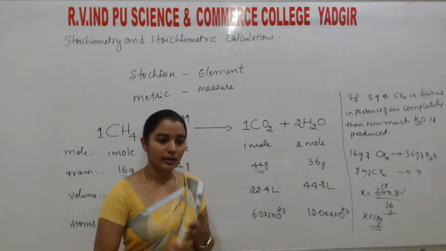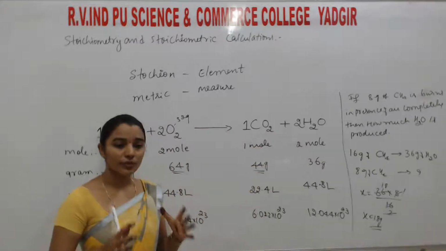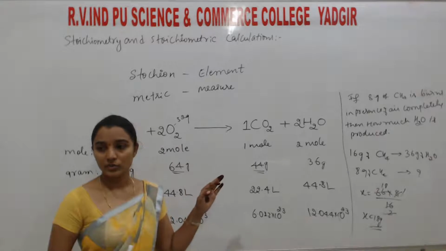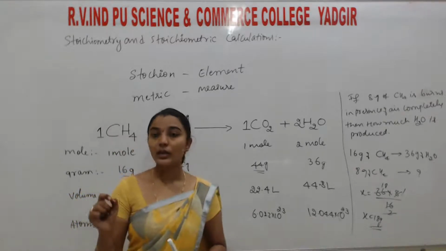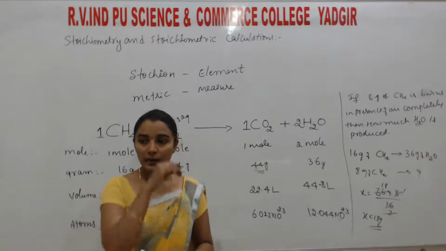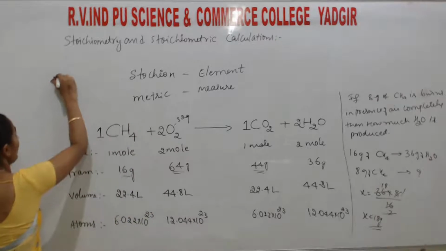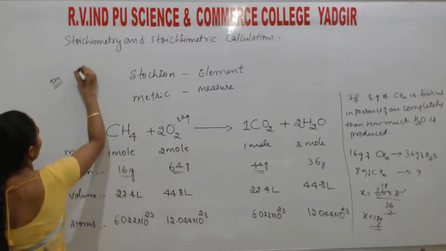So by taking grams, by taking volume, by taking moles, whatever the way, students, you can easily calculate the stoichiometric ratios. And this type of problem is very, very important for NEET.